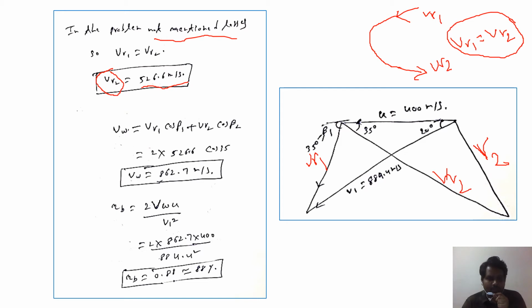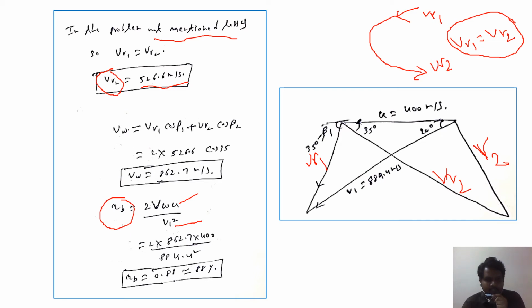Now the last question is, we have to find the blade efficiency. The formula for blade efficiency is 2VwU by V1 square. Here Vw is the whirl velocity, U is the blade velocity or peripheral velocity, V1 is the absolute velocity.